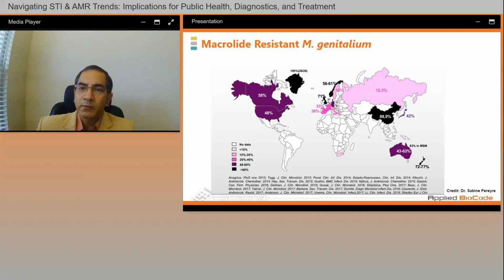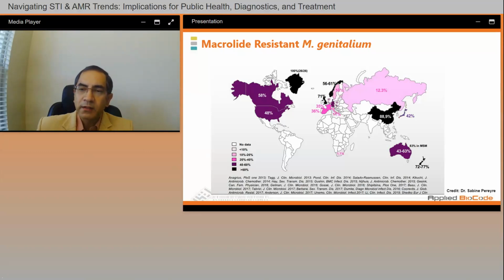This slide summarizes the worldwide prevalence of macrolide-resistant Mgen. Macrolide resistance in Mgen has been detected in many countries, particularly in the US, Canada, Western European countries, Russia, China, Japan, Australia, New Zealand, and South Africa. The drug resistance rate varies widely, as low as 1.7% in South Africa to almost absolute in Greenland.